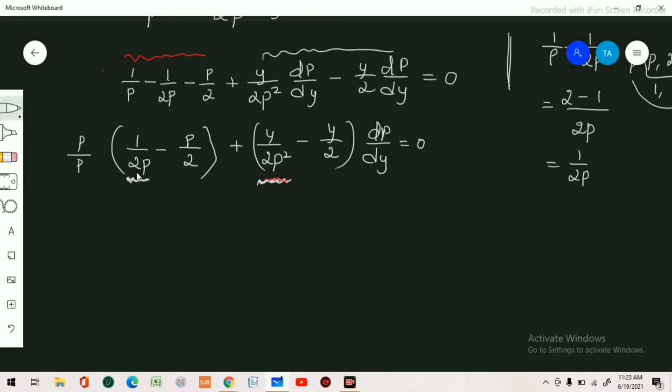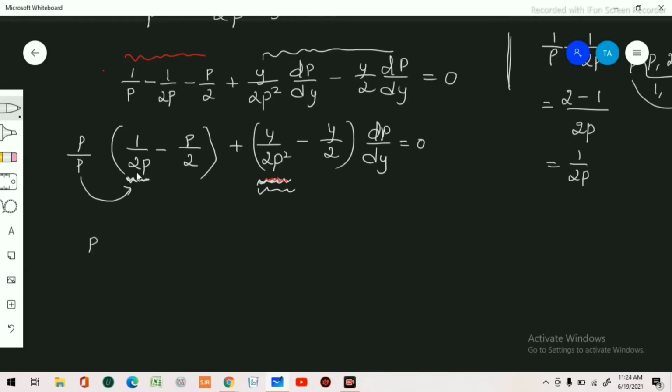So there will not be any change if I cancel this p and p. Multiply and divide by p, because I will multiply this p inside to get this term 2p square.